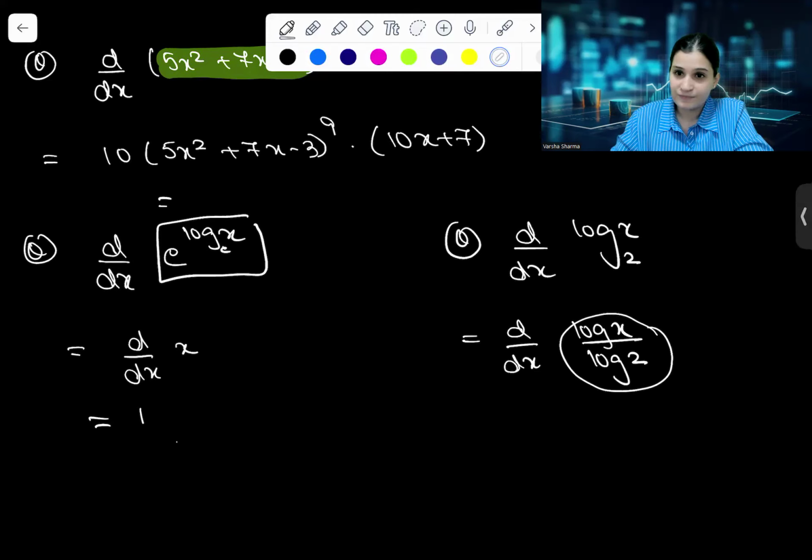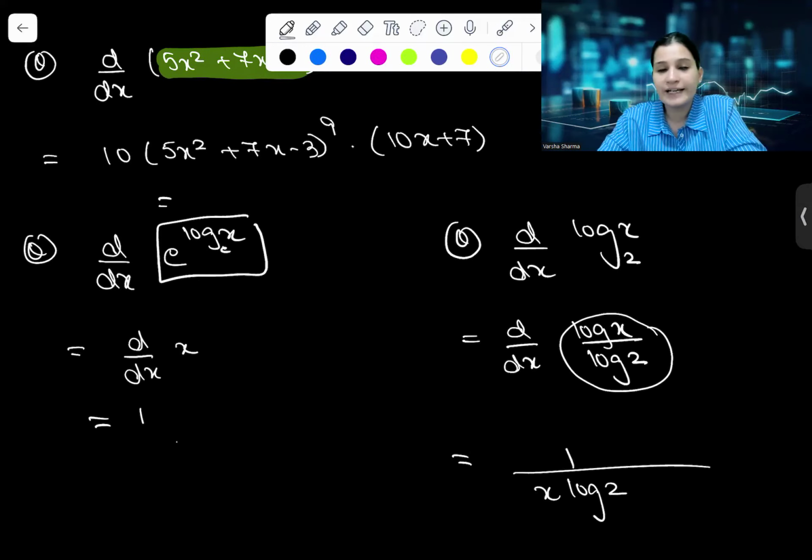Yes, ma'am. Okay, now how should I differentiate this? Quotient rule? No, why will I apply the quotient rule? Below it is log 2, which is a constant. Ignore log 2. What is the differentiation of log x? 1 by x. Yes, 1 by x.